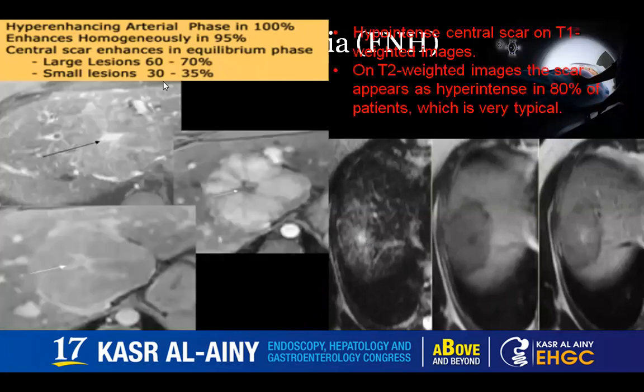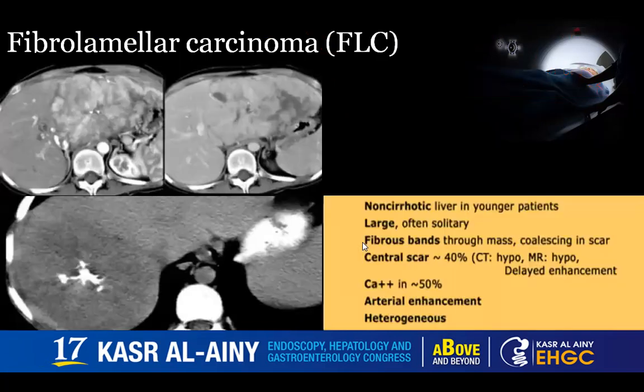This is another lesion showing a central scar with post-contrast enhancement without scar enhancement, and in the delayed image there is scar enhancement. Here is the scar with bright T2 signal.